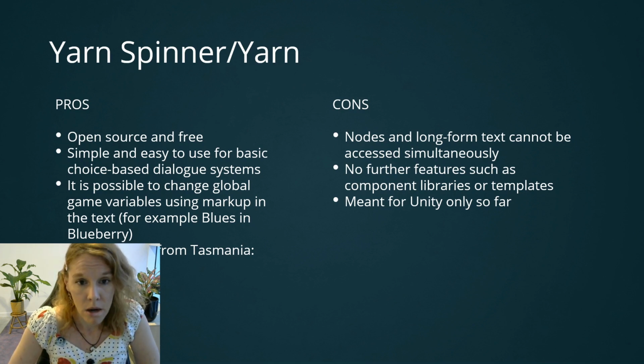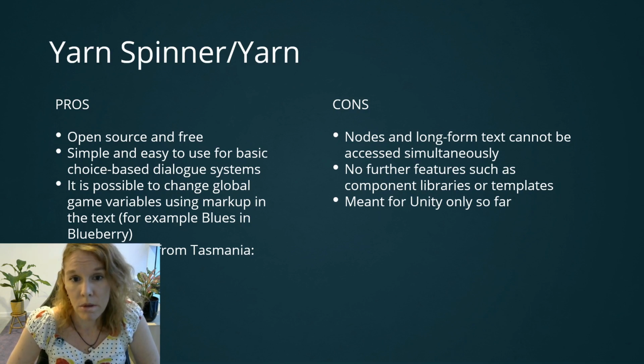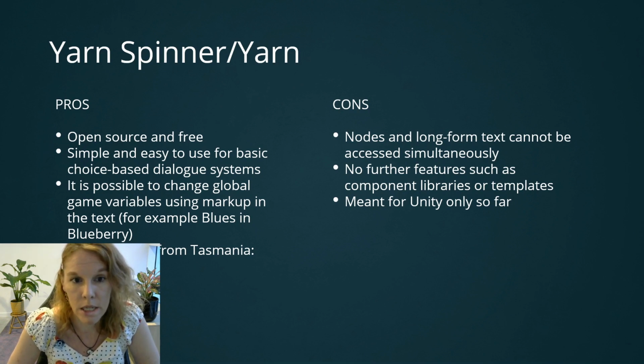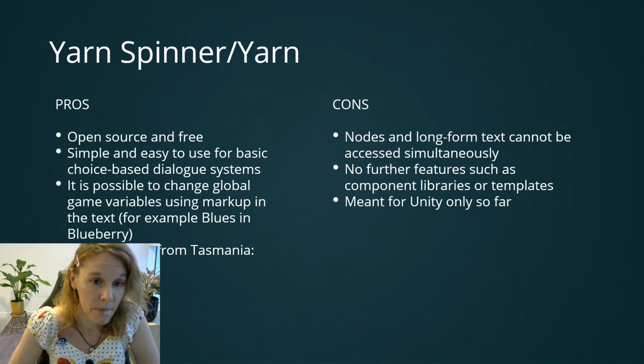The cons are the nodes and the long-form text cannot be accessed simultaneously. So, for example, like I showed you in Celtx, which obviously has other downsides as well, but this would be the ideal use case if you could do that.